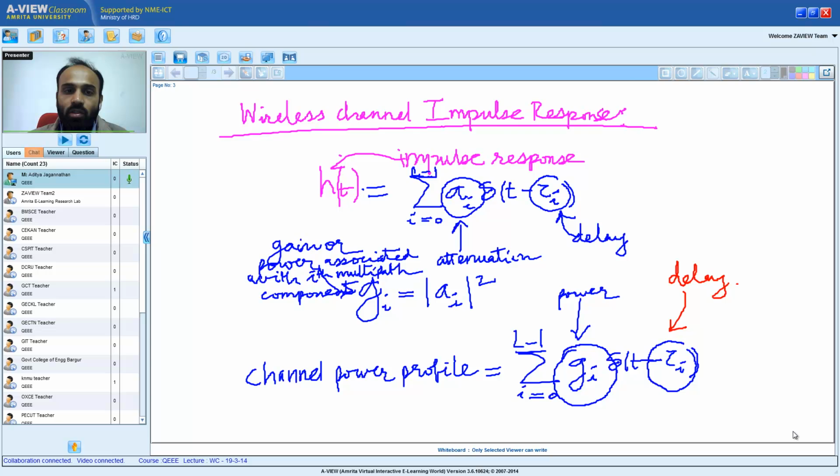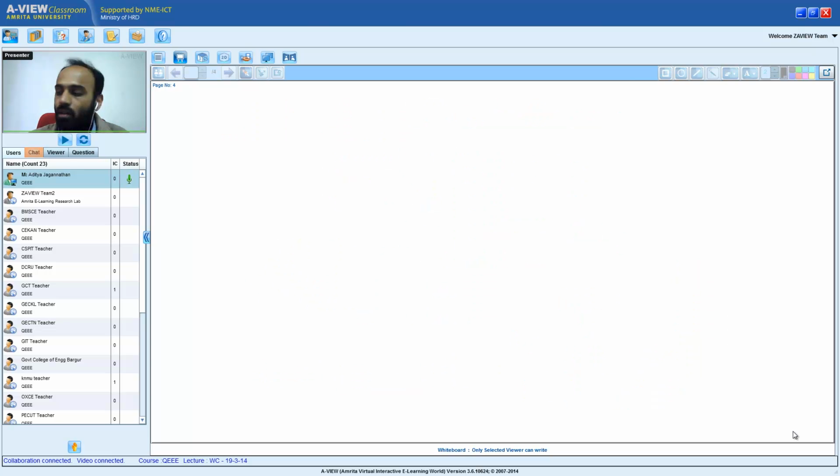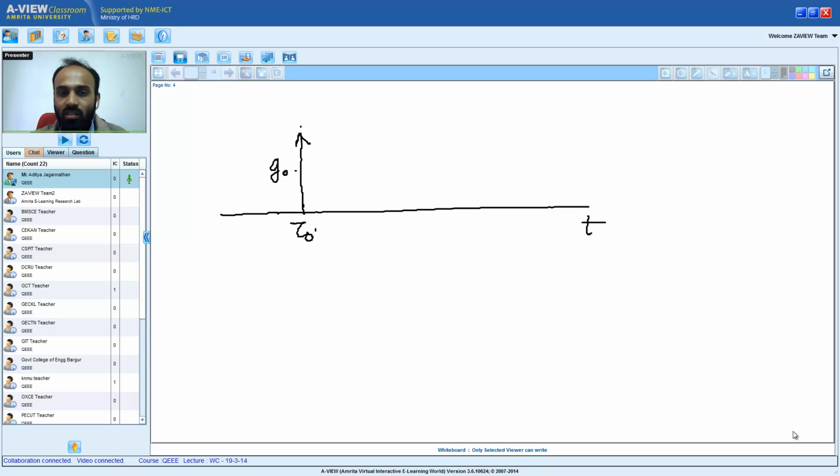Right. So I can also represent a wireless channel by the power profile. Let me try to give a sample plot of how this power profile looks. For instance, let's say I have the time axis. Then at tau 0, that is a delay of 0, I have a power of G0. At tau 1, I have power of G1, so on.